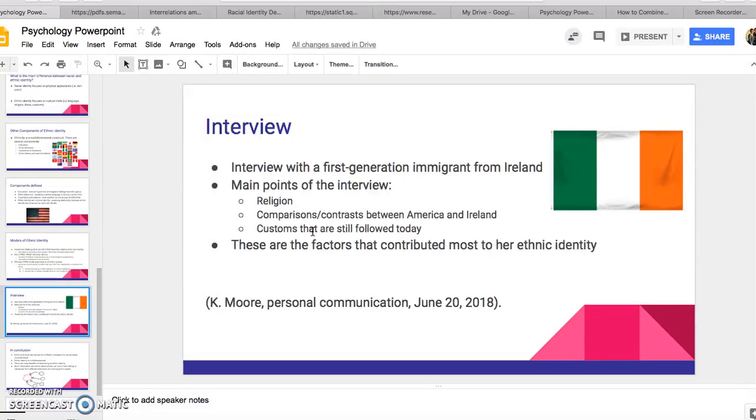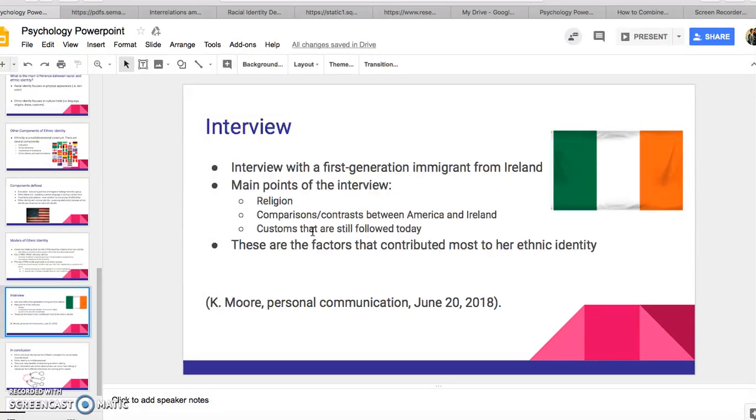Another thing that she talked about was comparisons and contrasts between America and Ireland. So comparing customs that they have here and things that they have back in Ireland. And she had said that she didn't realize how much she appreciated the Irish culture until she went back there after living in America for so many years.